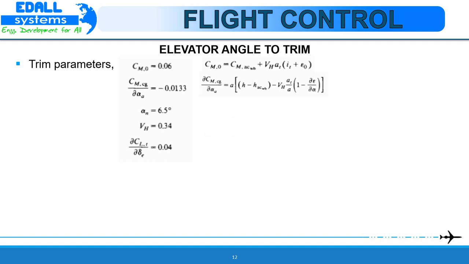Then we have An, which is equal to alpha A, the absolute angle of attack. Then we have tail volume ratio as Vh, and the total deflection is downwards.